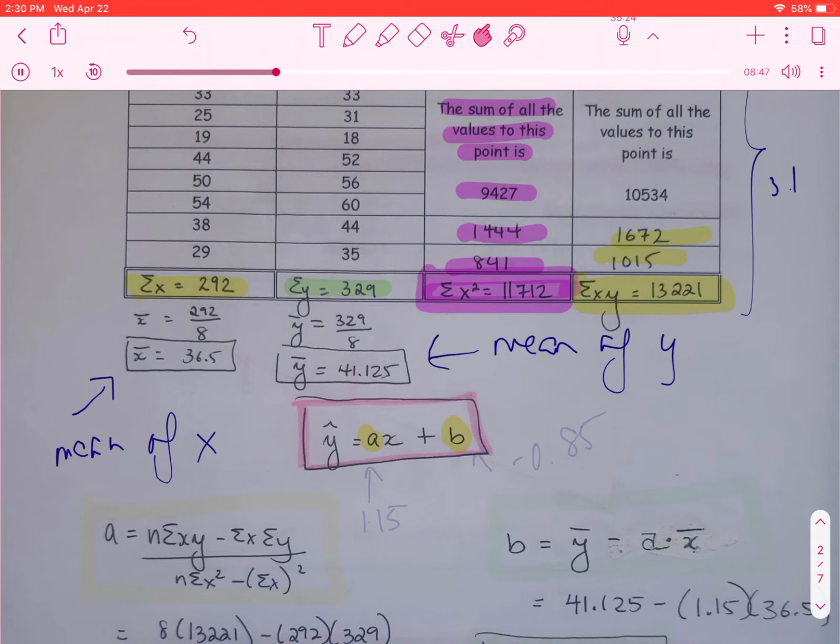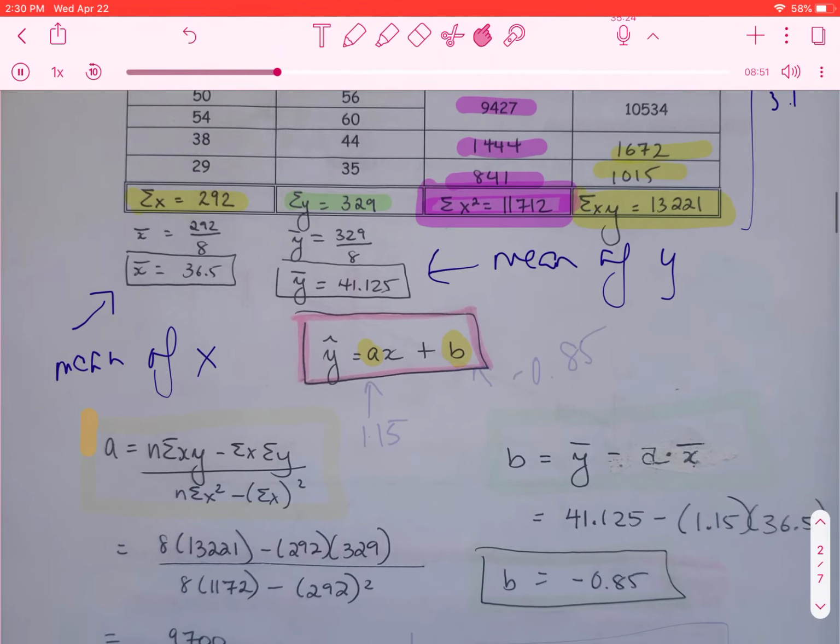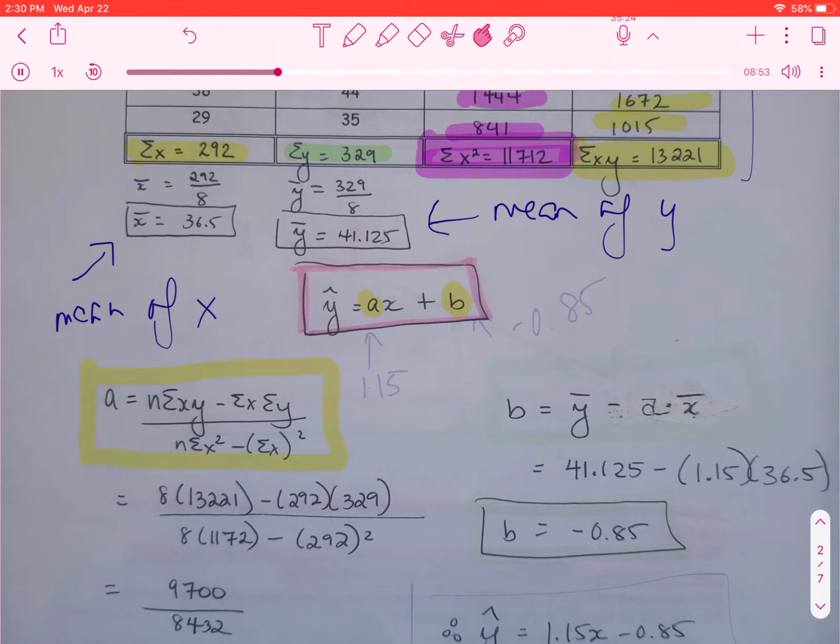So to find A, we would do the equation that I'm highlighting right here. And with that, you need to take all the values that we used in our chart above, so our sum of x, sum of y, sum of x squared, sum of xy, and we're going to apply that to isolate for A.